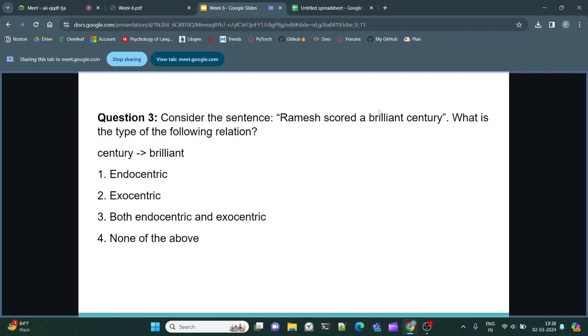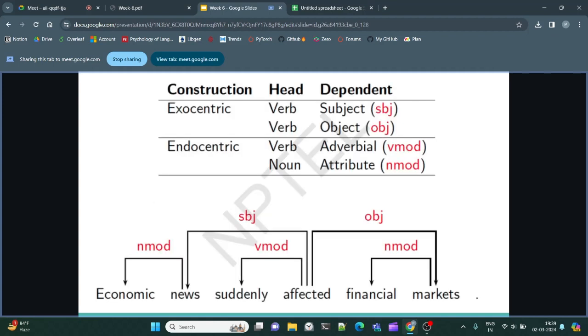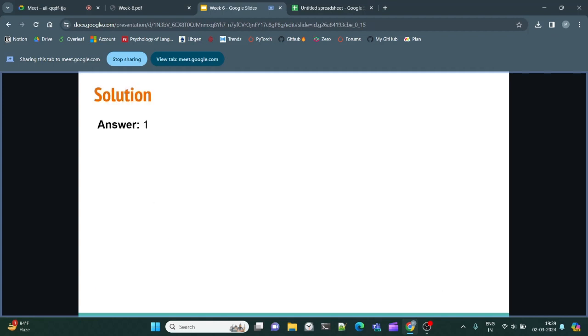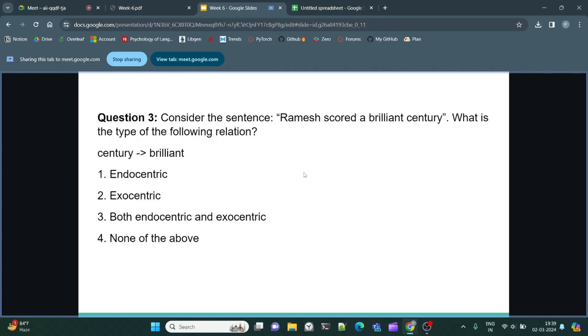Even if I drop the word brilliant, so Ramesh scored a century, it is still valid enough, and I'm still able to capture the meaning of the sentence. Brilliant is simply an adjective providing additional information about how the century was. So we come to the answer, which is option one, which is endocentric.